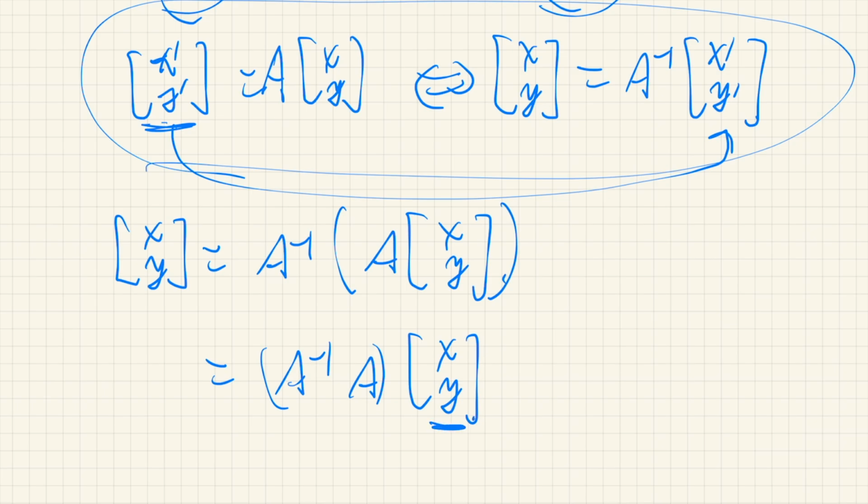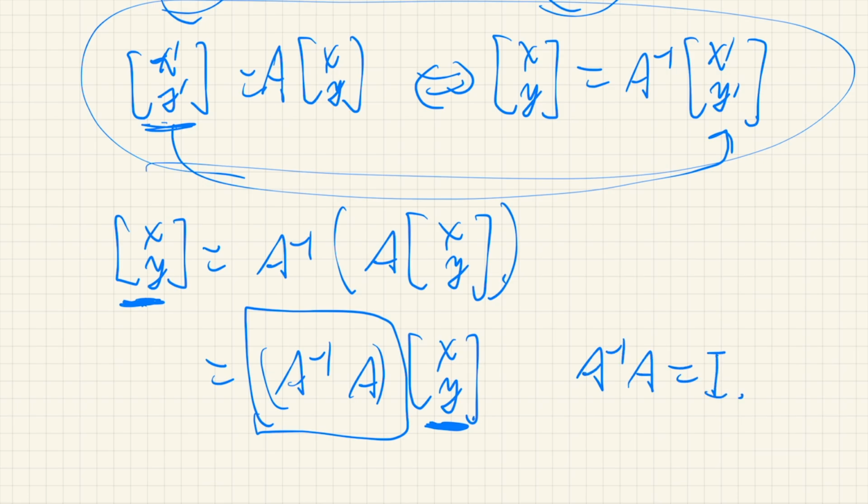This matrix (x, y) is actually a vector, but it's also a matrix, is transformed to itself. So that means this matrix should be equal to the identity matrix because it doesn't change this x and y. So A inverse times A is equal to the identity matrix. In two dimensions, we have 1, 0, 0, 1. That's the identity matrix.